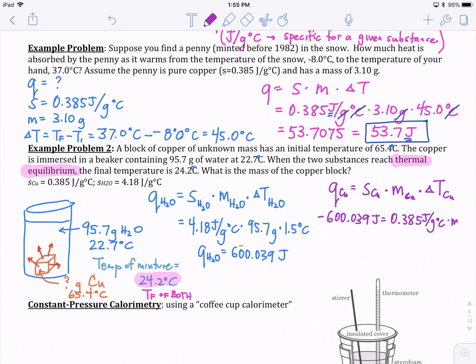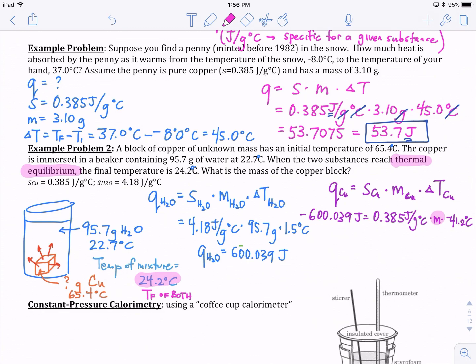We don't know the mass, that's what we're looking for. And our delta T in this case is going to be negative 41.2 degrees Celsius, because our final temperature was 24.2. We subtract our initial temperature of 65.4, and we get negative 41.2 degrees Celsius.